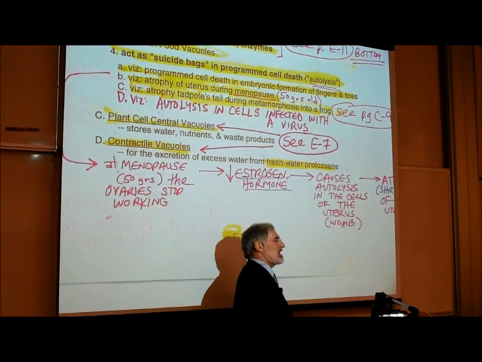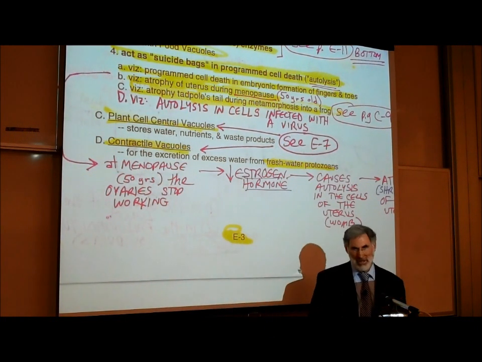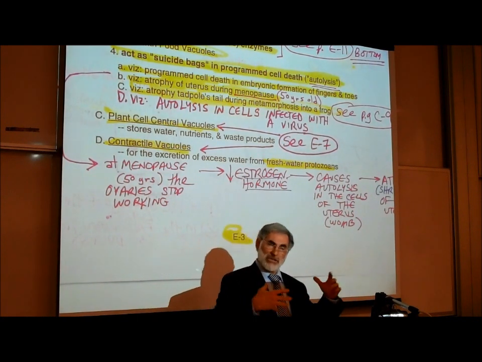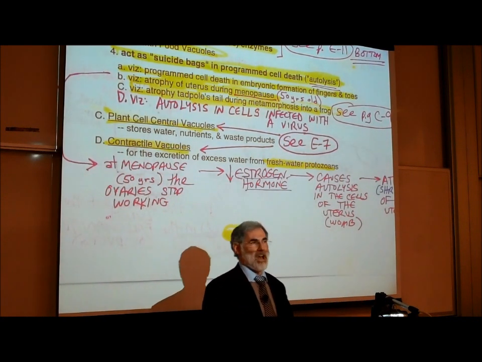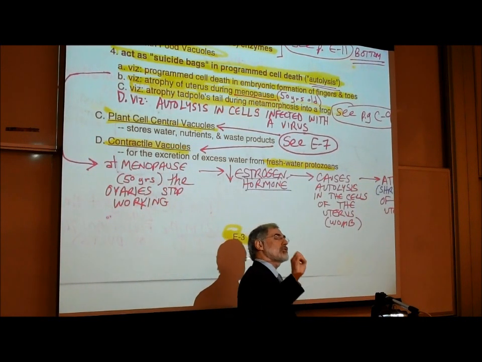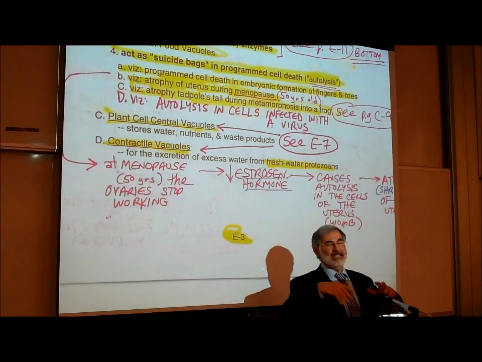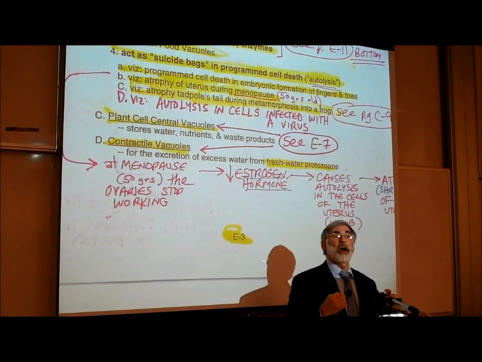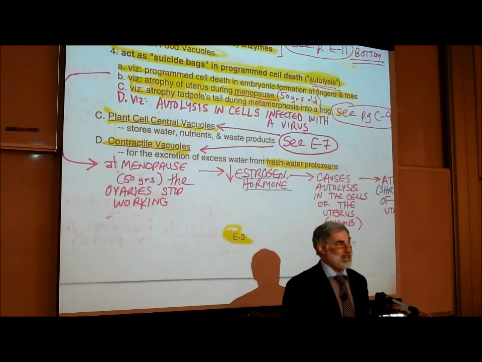We don't even have effective antiviral drugs. So one of the ways that our body deals with cells in our body that have become infected with the virus is that the lysosomes rupture, releasing those hydrolytic enzymes, destroying the cell and any viral particles within it.